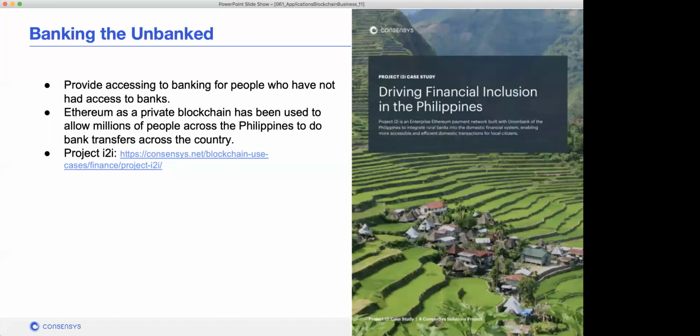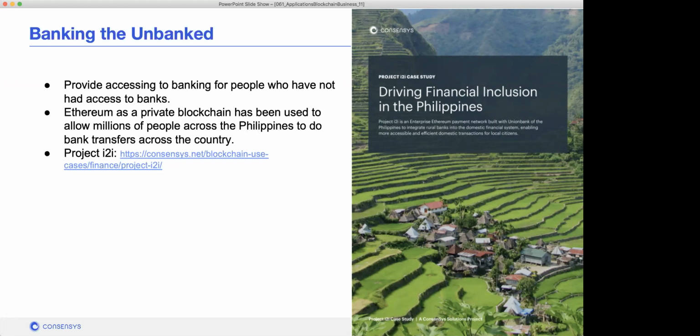So in the Philippines, they did have banks, but their banks were what's called rural banks, where they can't do even inter-island transfers. And remembering that the Philippines is a massive island country, so they had essentially problems with banking. And so Project I2I, which is one of the ones that I didn't work on, but other people at Consensus did, and I think they should be really proud.